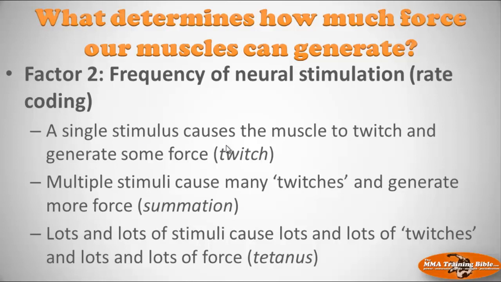So you can see here a single stimulus causes the muscles to twitch and generate some force, and that's called a twitch. When you have multiple signals moving down that neuron, it's going to cause a couple of twitches, and it can generate a little more force than a single twitch. More stimuli coming down that neuron equals more force, because you're summing the forces of all those individual stimuli, and that's why we call this summation.